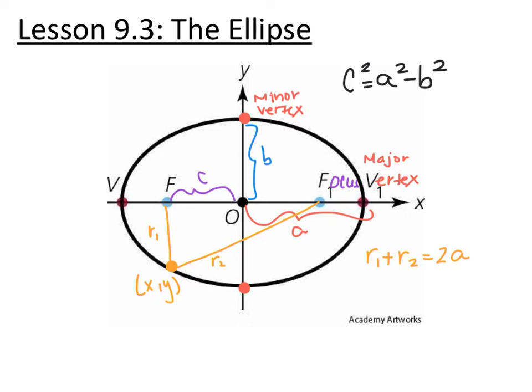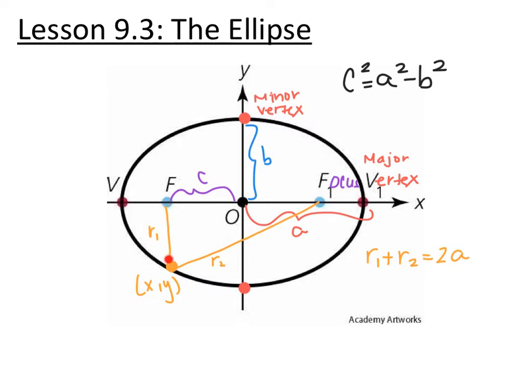The definition of an ellipse: if you have a point anywhere on the ellipse, then if you connect that point to a focus, those are called focal radii. There's two focal radii. The sum of those focal radii for any point on the ellipse are the same value. In fact, it's the length of the major axis. It's 2 times a.